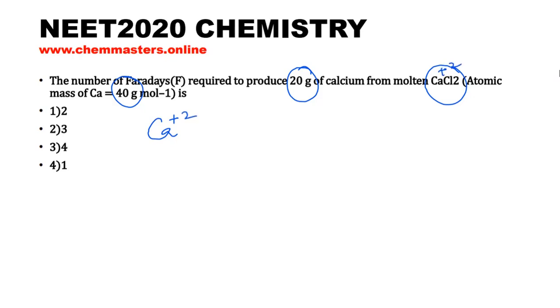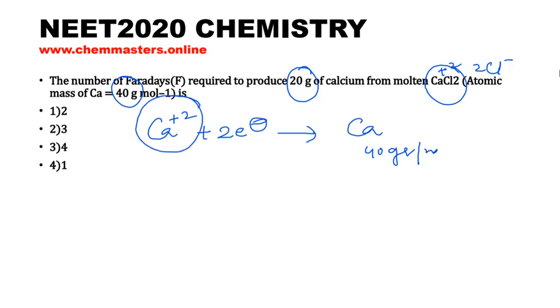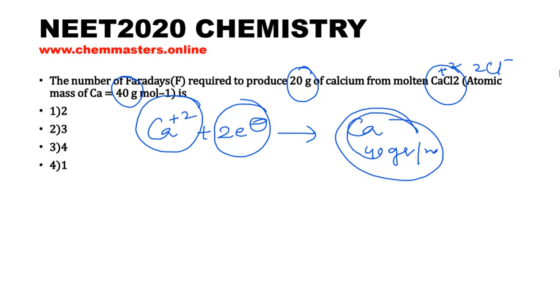Calcium is in +2 oxidation state, and each chlorine is with a minus. By taking up 2 electrons, it produces calcium metal. That means 1 mole of Ca2+ by taking 2 electrons produces 1 mole, or we can say 40 grams of calcium.